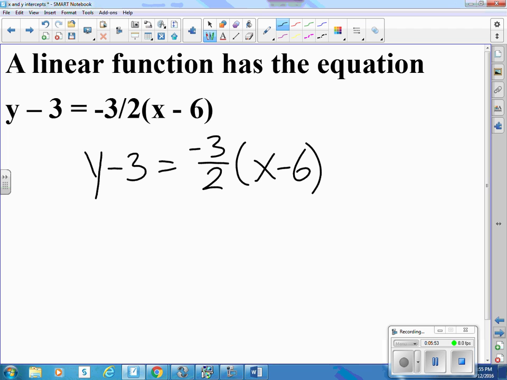So if I multiply everything by 2 over negative 3, it's the same. So negative 3 divided by negative 3 is 1. 2 divided by 2 is 1. But whatever I do on the right-hand side, I have to do on the left-hand side also. And, oh, I need to say what we're looking for. We're looking for the x-intercept.